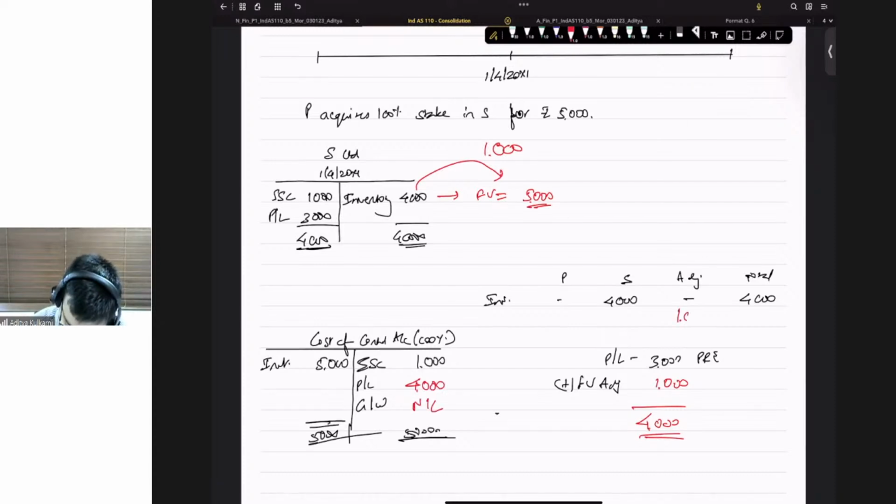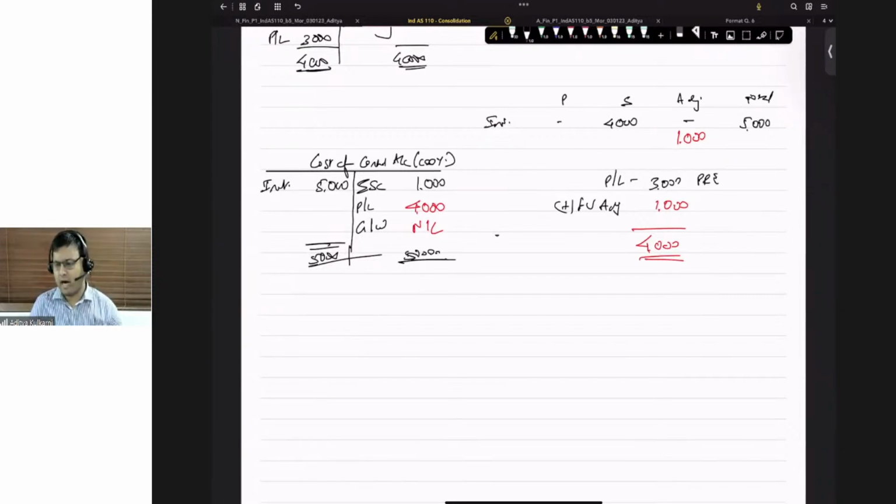Goodwill will be 0. Inventory that you will be recording in the consolidated balance sheet will be at 5,000. Is it okay? So now I think you would be fairly convinced about this fact.